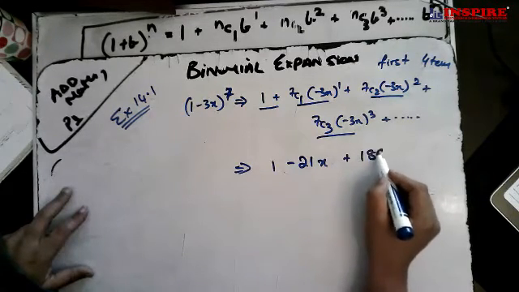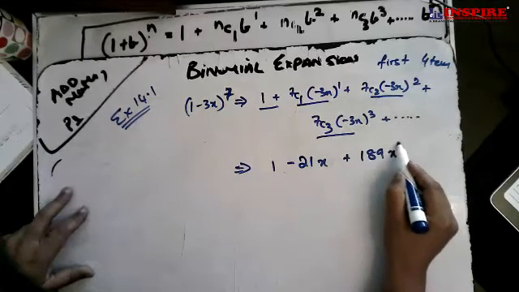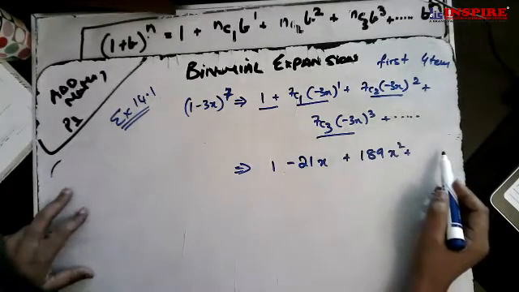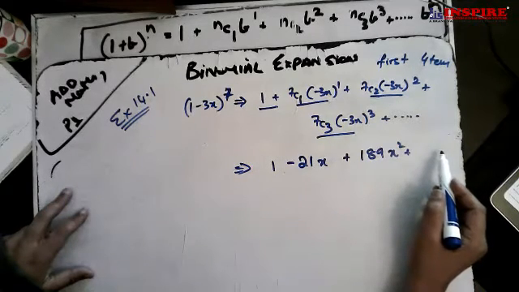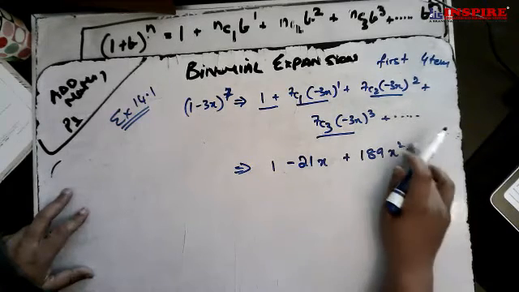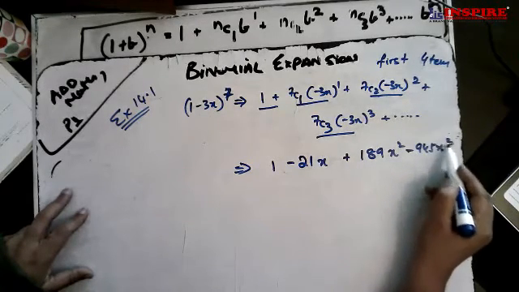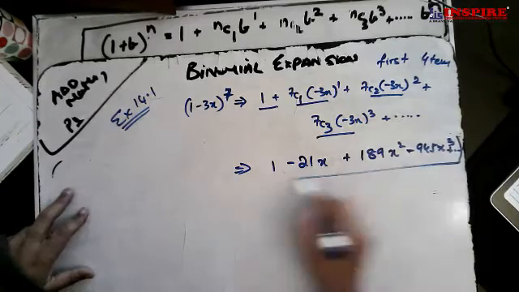I know, but with a plus sign, plus 7c3 is 35. 35 into 27 is 945. 945 x cubed plus dot dot dot.